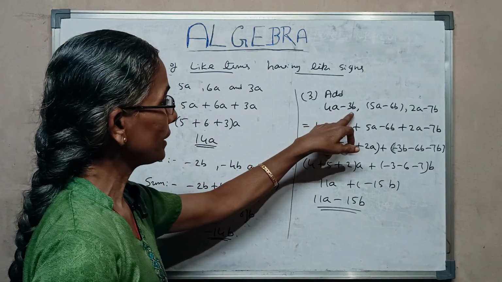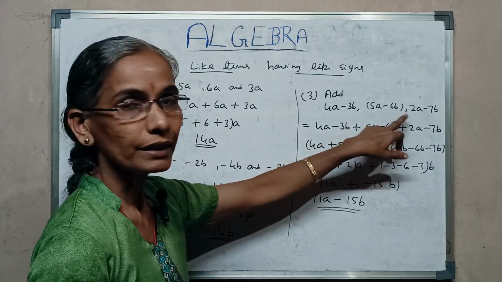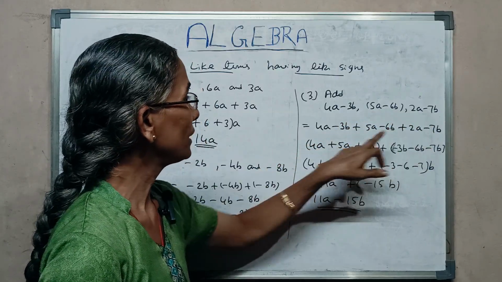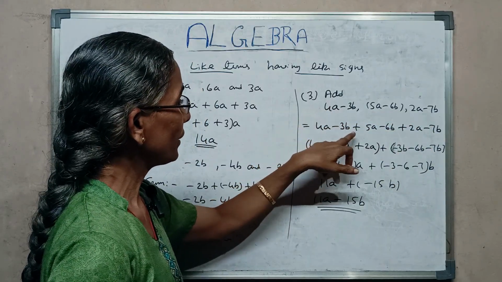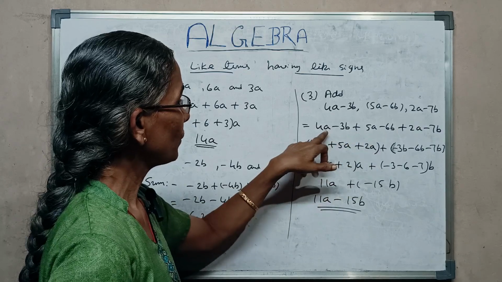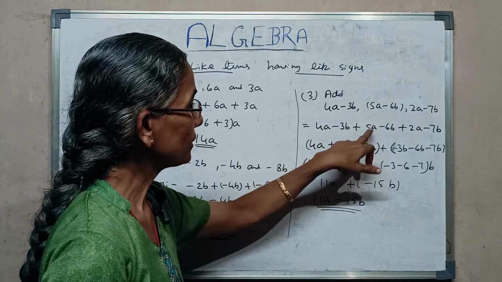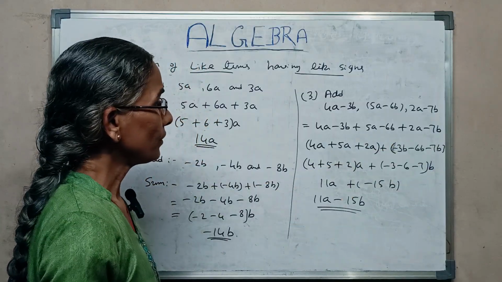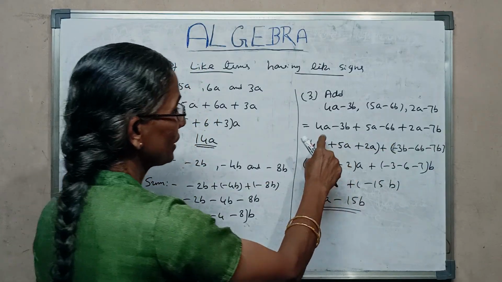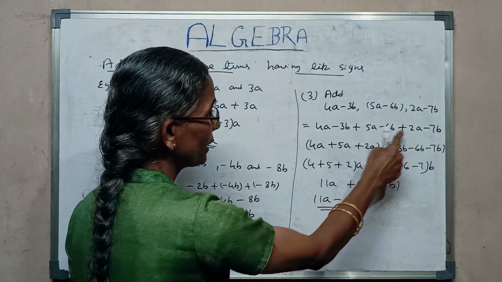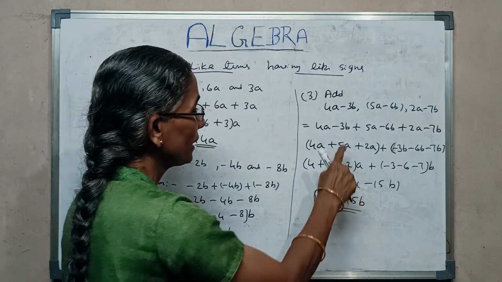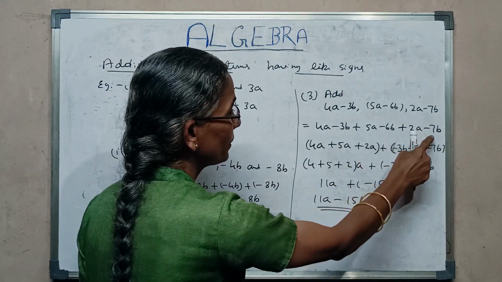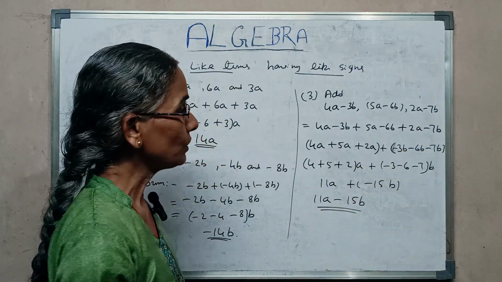Here we have 4a minus 3b, 5a minus 6b and 2a minus 7b. Add means we have to take the plus sign: 4a minus 3b plus 5a minus 6b plus 2a minus 7b. We can separate the terms of different variables. 4a, 5a and 2a are like terms, and minus 3b, minus 6b and minus 7b are also like terms.